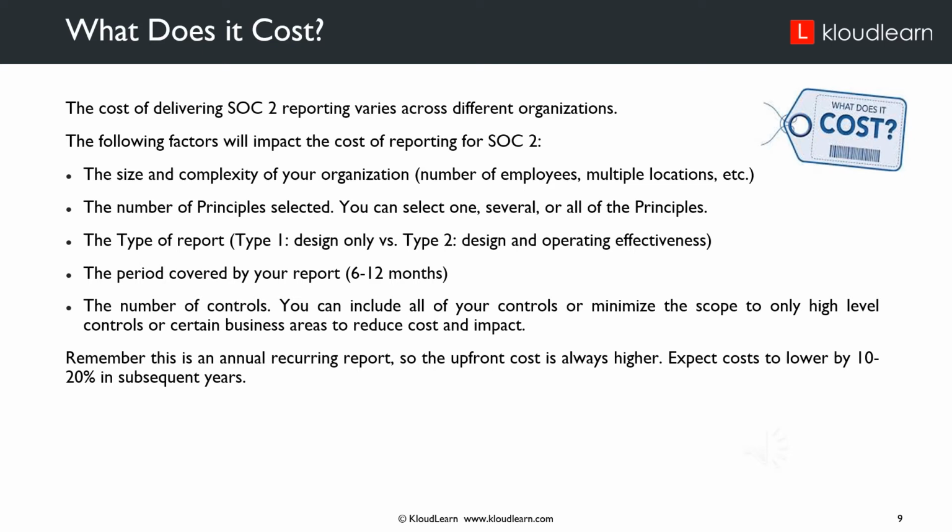The period covered by a report, 6 to 12 months ideally. The number of controls. You can include all your controls or minimize the scope to only high level controls or certain business areas to reduce the cost and impact. Remember, this is an annual recurring report, so the upfront cost is always higher. Expect cost to lower by 10 to 20% in subsequent years.